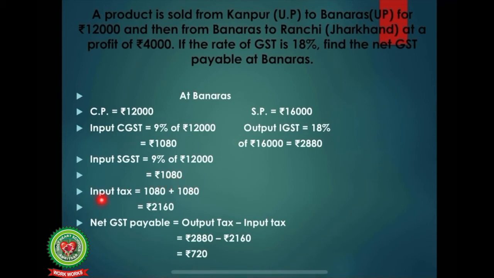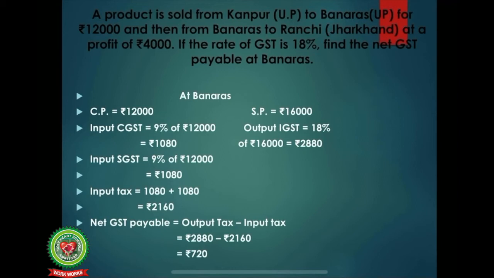So the input tax will be equal to 1,080 plus 1,080, which is equal to rupees 2,160. Now in case of SP, we are going to calculate the output tax, and in this case it will be output IGST, which is equal to 18% of rupees 16,000, which is equal to rupees 2,880.